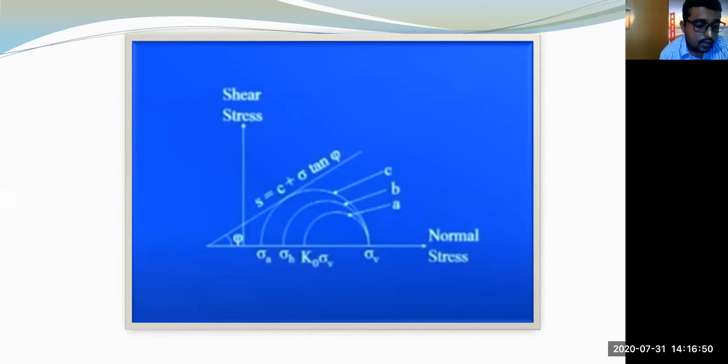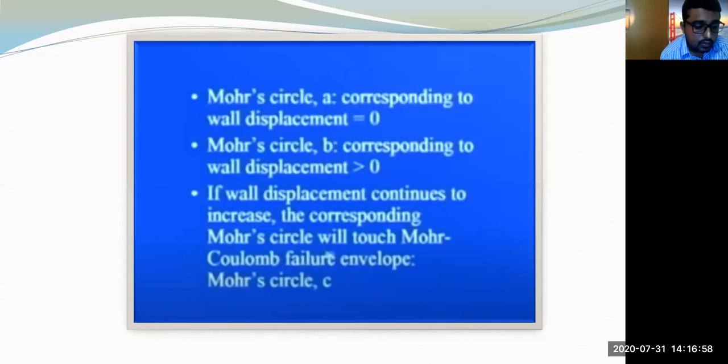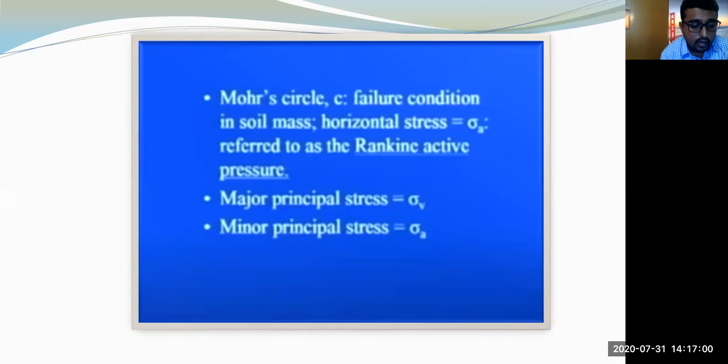So in case of the active condition, your major principal stress is sigma V and the minor principal stress is sigma A, that is the active pressure corresponding to the active condition. So I write here the major principal stress is equal to sigma V, and the minor principal stress is equal to sigma A.